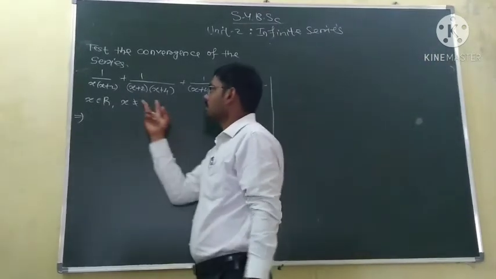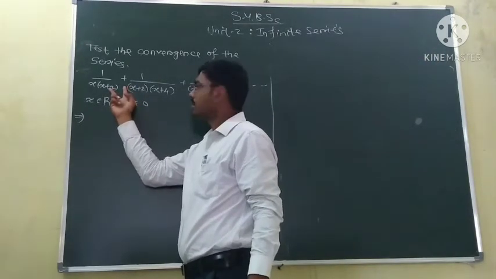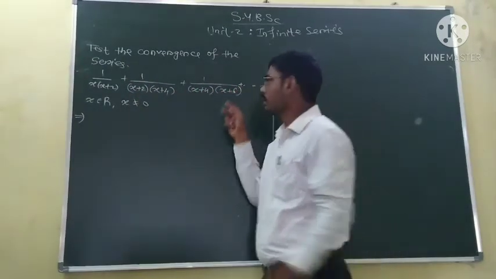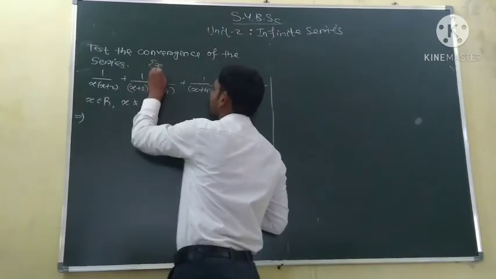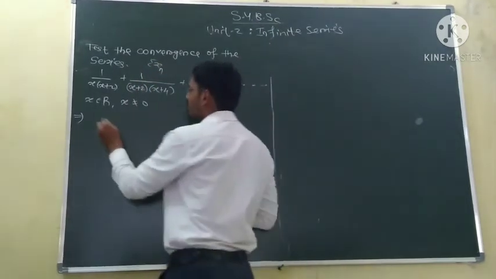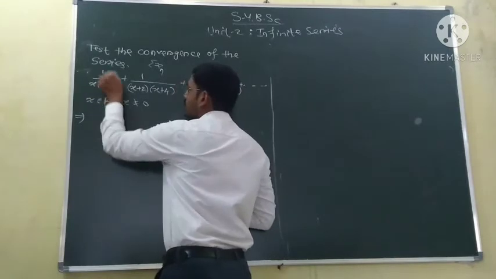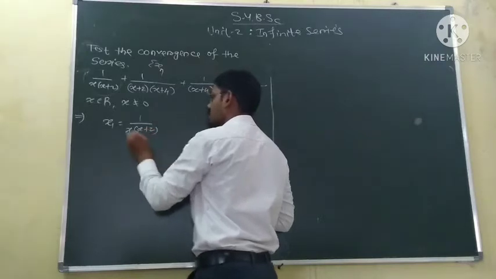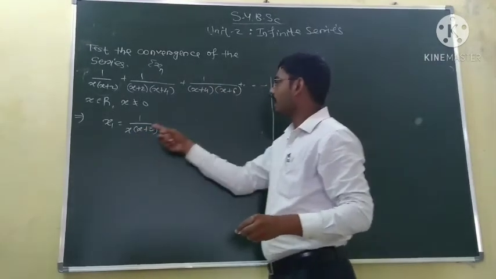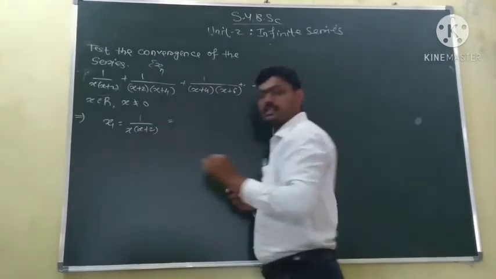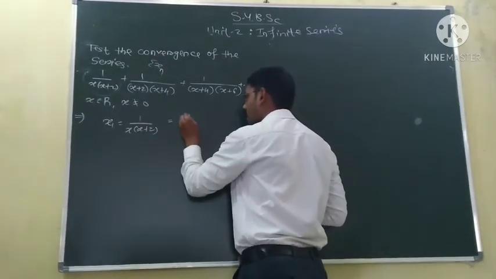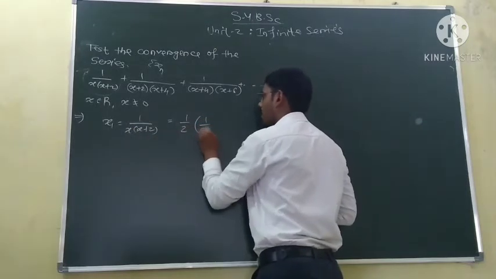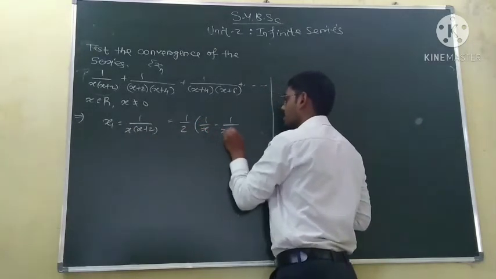So here the series is the summation of the terms. We can also write this series in the form of a series of xn, where x1 is equal to this term, 1 upon x into x plus 2. But we can write this term in another manner also. This is equal to half of 1 by x minus 1 upon x plus 2.